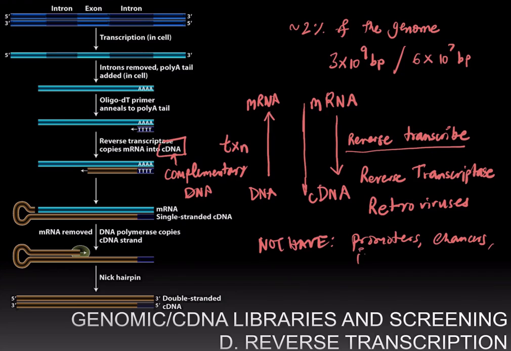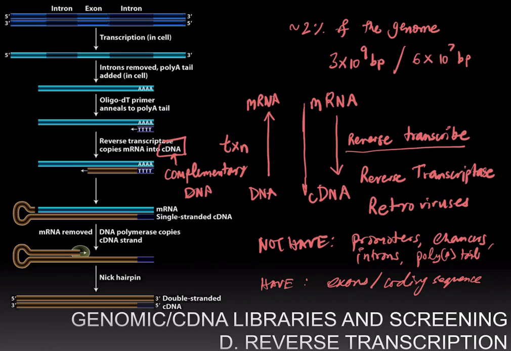It will not have introns, and it will not have the poly-A tail. So these are things in the DNA or mRNA that the complementary DNA will not have. What it will have are exons and the coding sequence of the gene.